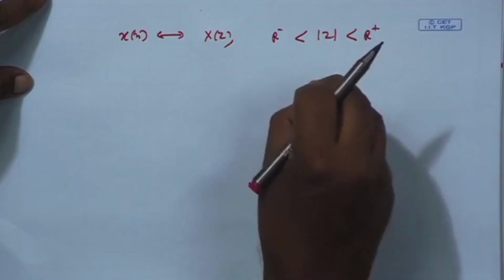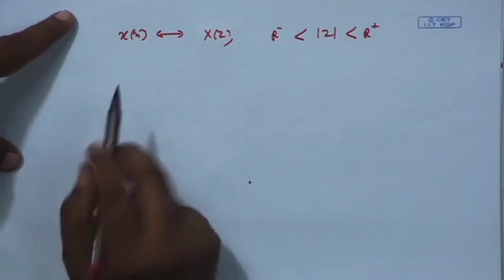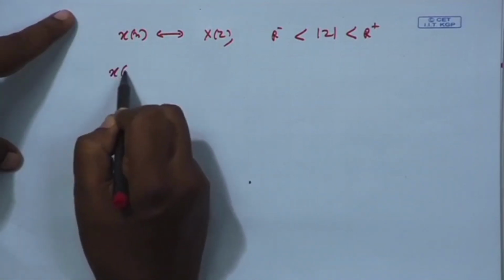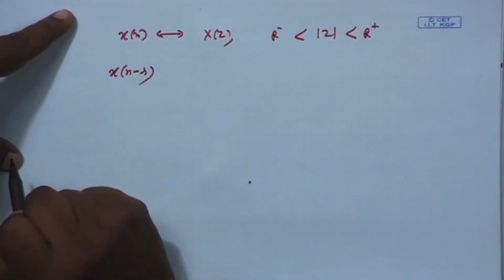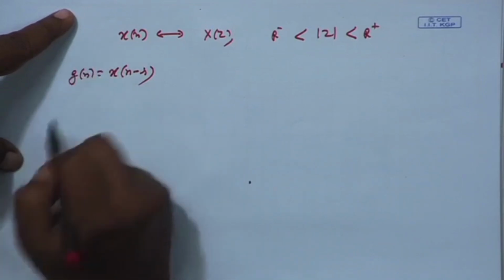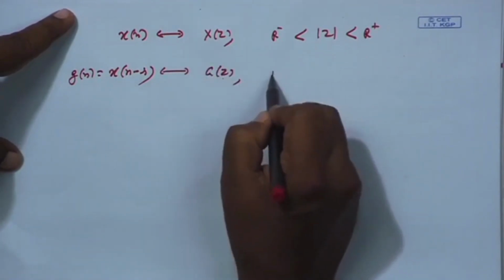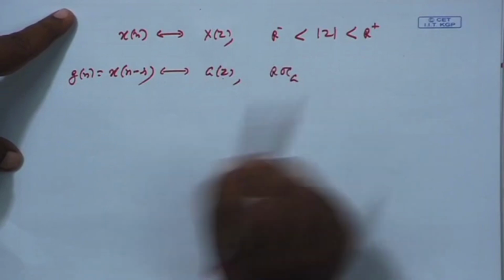The inner circle can go down to 0 or the outer circle can go out to infinity, as special cases that you have seen. This is given. Now, if I have x n minus r, it is a delayed sequence, you can call it g n. What will be G z and what will be the ROC of g? This is the ROC of x.